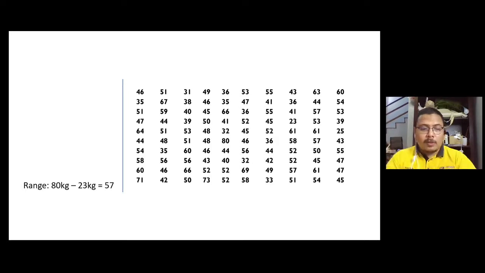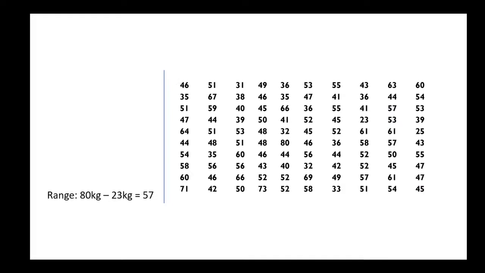You have this raw data, and then you can sort it from highest to lowest, and then look at the highest and also the lowest. From here you can see that the highest value is 80 kilograms and the lowest value is 23 kilograms.